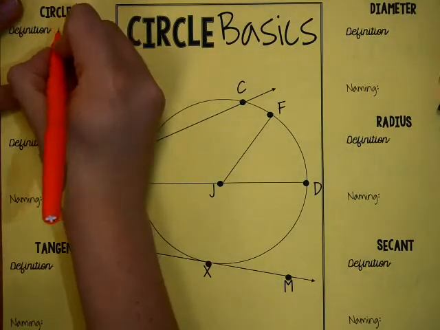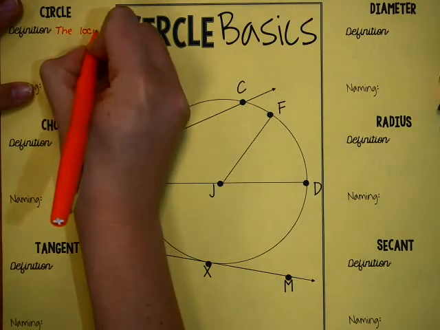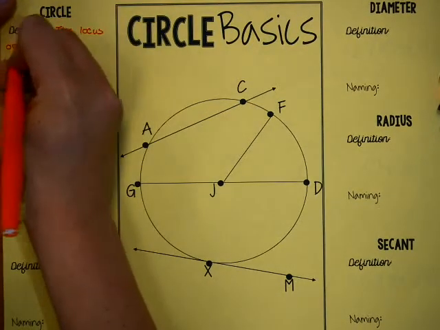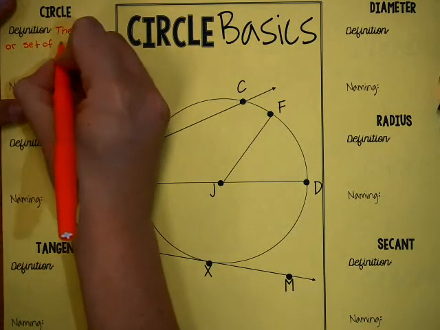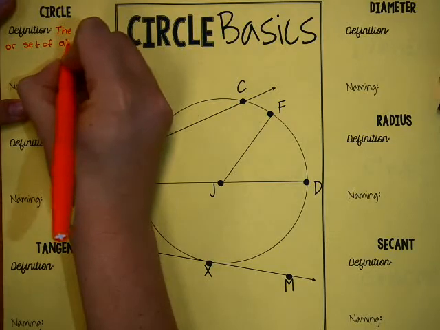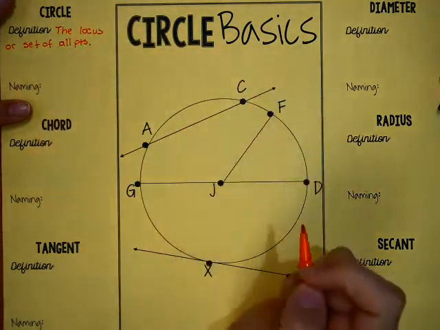So a circle is the locus or set of points. We'll put set of all points. Abbreviate points here with PTS.